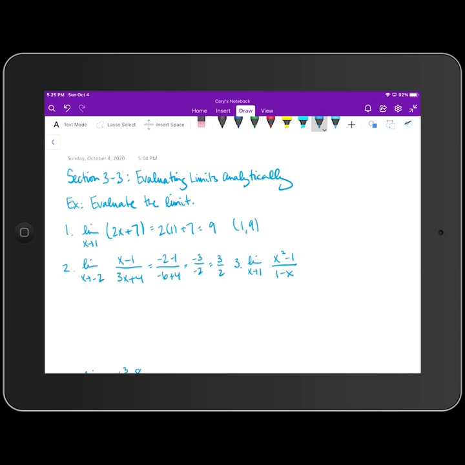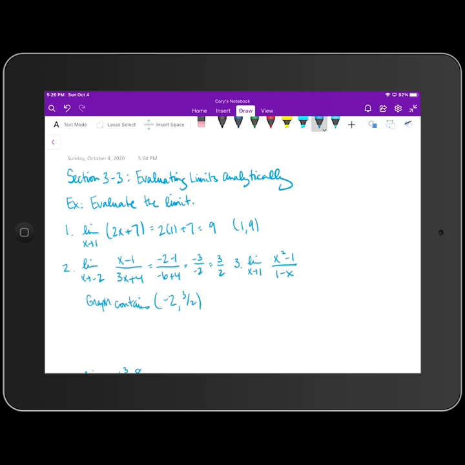Since we were able to use direct substitution and get a valid output, that means the graph contains, or passes through, the point (negative 2, 3 halves). Again, when we evaluate limits analytically or algebraically, cases where you're able to use direct substitution like this are the easiest limits to evaluate.